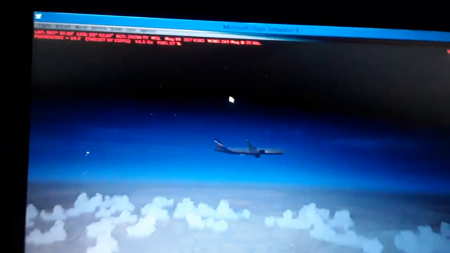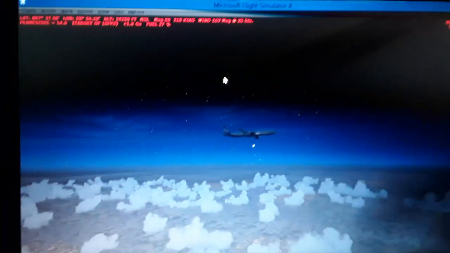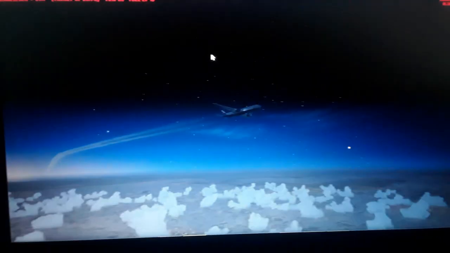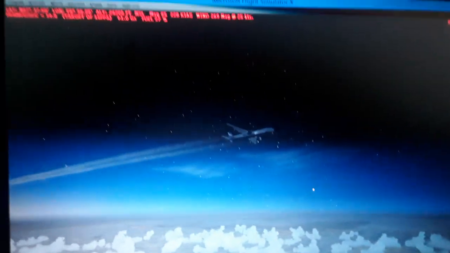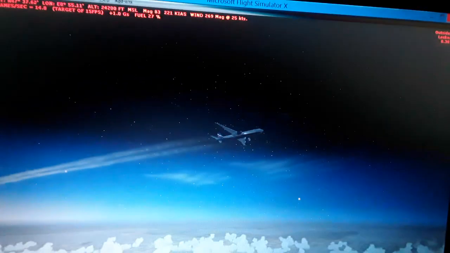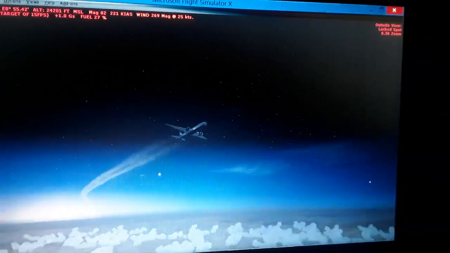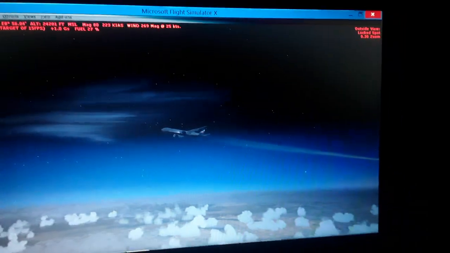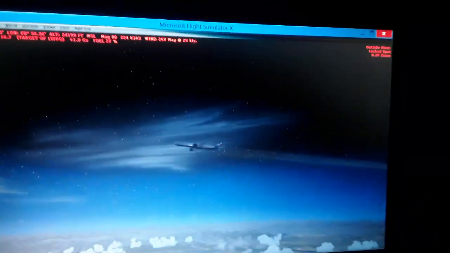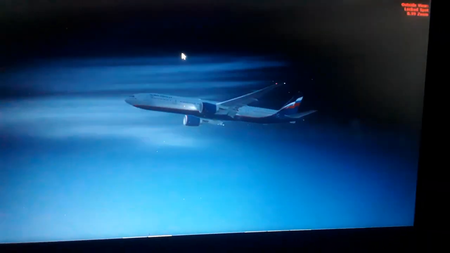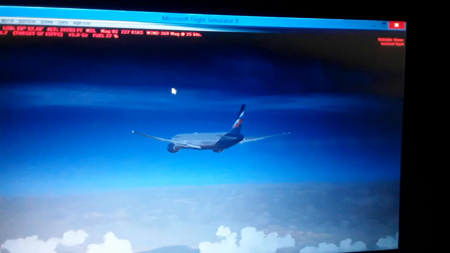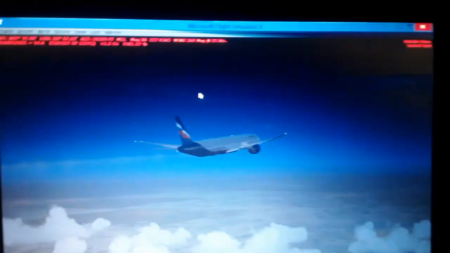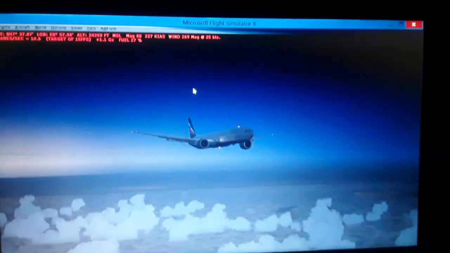So we have this beautiful frozen vapors now. Display from the frozen vapors. We have also the galactic view. So we fly now about 250 meters per second, or 600 kilometers an hour, and we are approaching our cruise altitude.